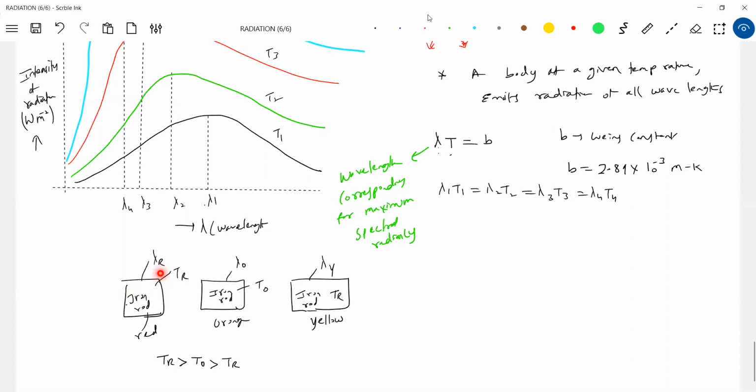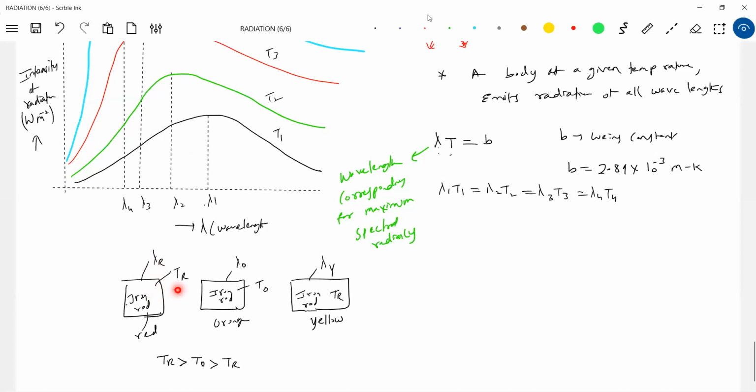But why does it appear red? Because the wavelength corresponding to red color will have maximum intensity, so the eye will perceive that it is red. But it is also emitting blue color, yellow color, violet, indigo, X-rays, radio waves, microwaves, all the radiations it is giving out. It is giving out wavelengths of all radiation. But since the intensity corresponding to red color wavelength is maximum, that's why it will appear red.